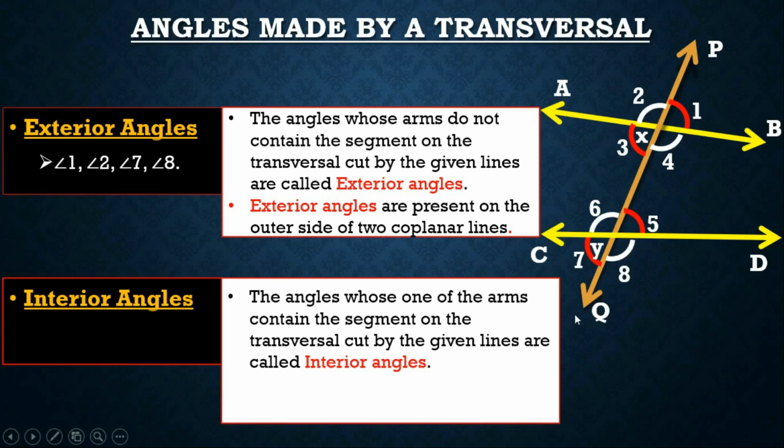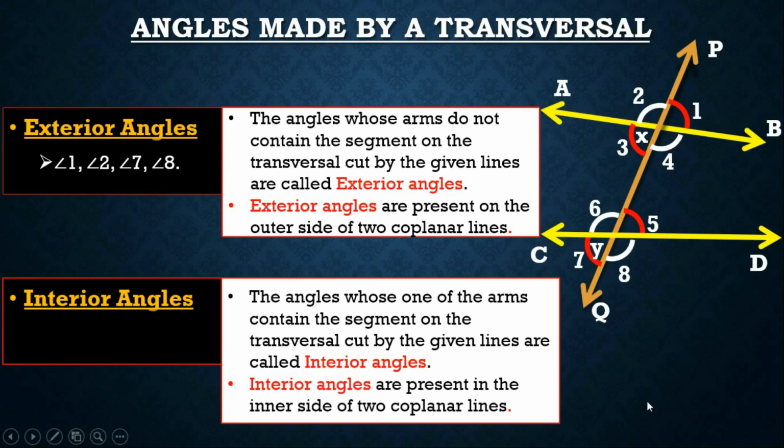See another point about interior angles. Interior angles are present on the inner side of two coplanar lines. So these are the two coplanar lines. These interior angles are always lying inside the two coplanar lines. So see this example, angle PXY.